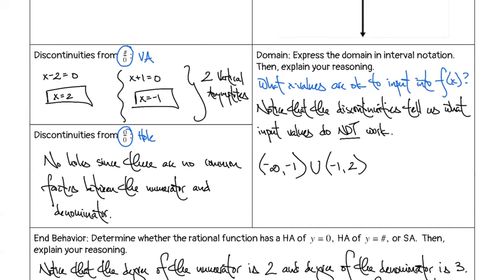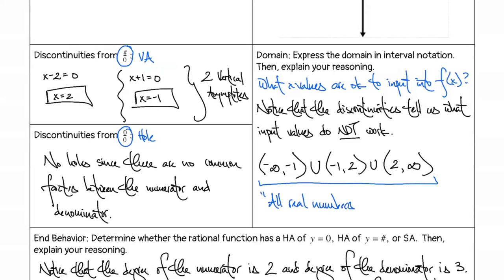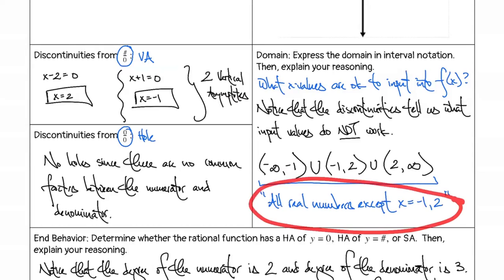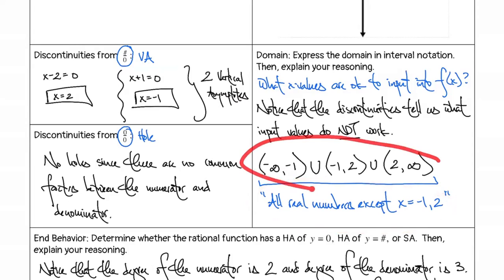Again, a parentheses because we've got another vertical asymptote. And from 2 to infinity. Okay. This notation says all real numbers except x equals -1 and 2. All right. I want us to understand that, and I want us to know how to write that.